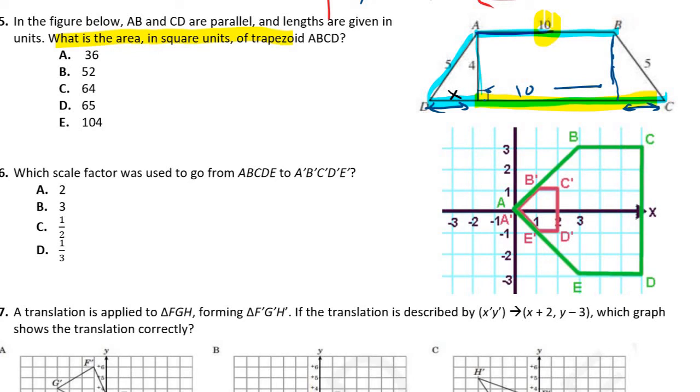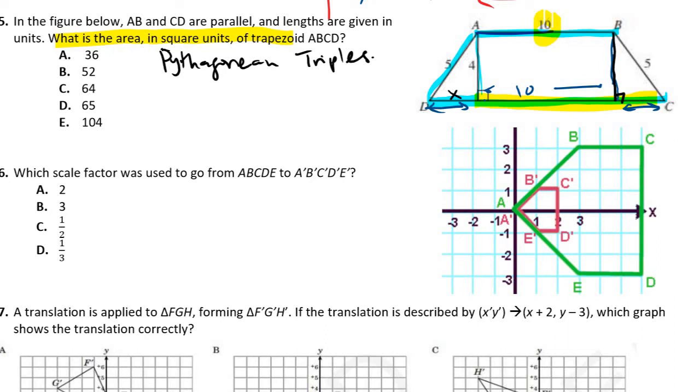Now, I can tell you that it's going to be good for you to know what are called the Pythagorean triples. I'll tell you what they are in a moment.